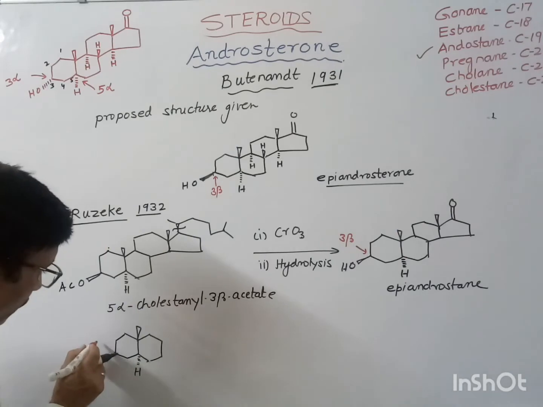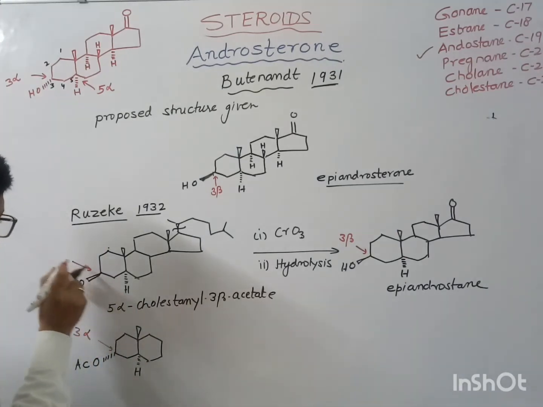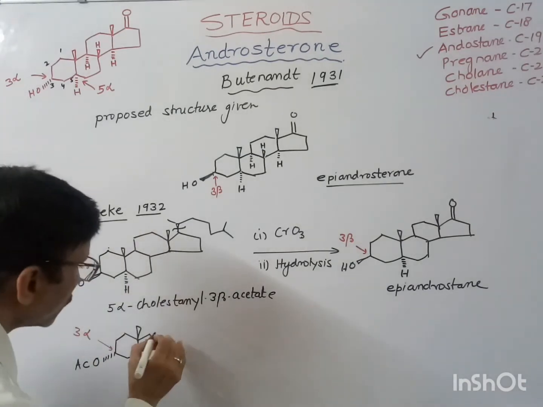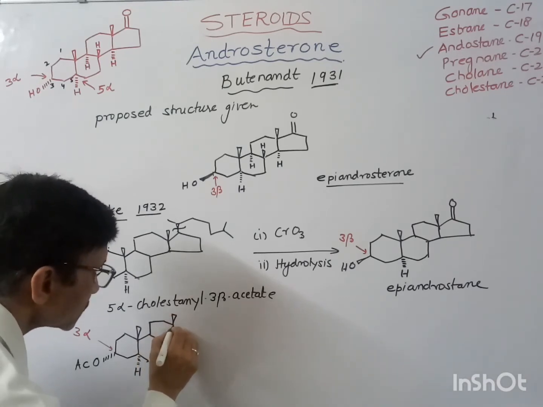So this is our 3 alpha, and the other acetate is 3 beta. The rest of the things are the same.